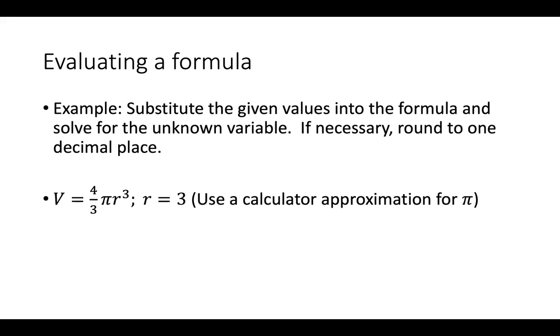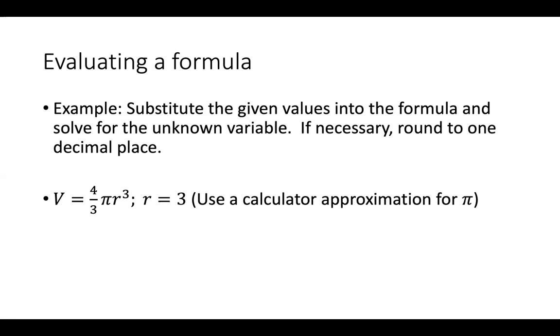Now, you will encounter several problems involving the number pi, and they will tell you in the directions how they want you to deal with pi. So in this case, they're telling me to use a calculator approximation for pi. In other problems, they might ask you to use the approximation 3.14 or even the fractional approximation 22/7.